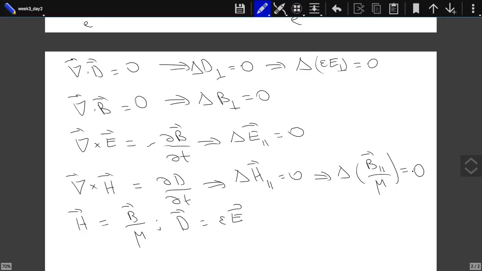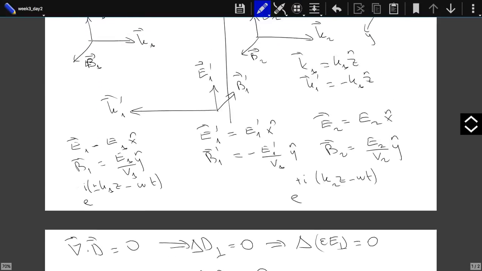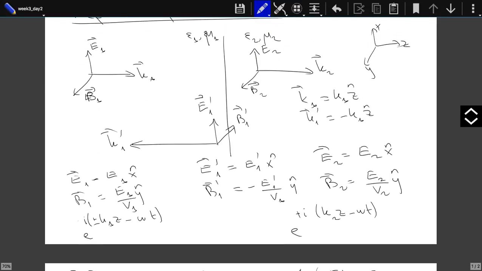Now, in our special case, we said that the first two equations do not tell us anything new, basically because the perpendicular component of the electric and the magnetic fields are automatically zero, so those conditions are automatically satisfied. Now let's look at the electric field. Now the electric field on the left-hand side.